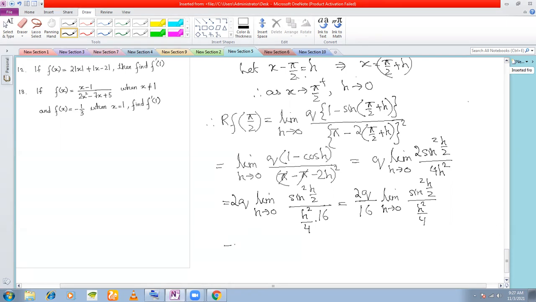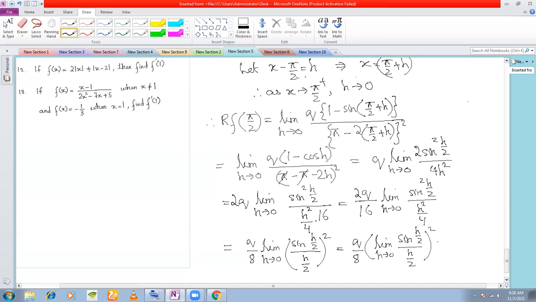So what am I left with here? q by 8 limit h tends to 0 of (sine h by 2 divided by h by 2) square. That is why I had written the denominator as h square by 4. So I get q by 8 times 1 square, which is equal to q by 8.